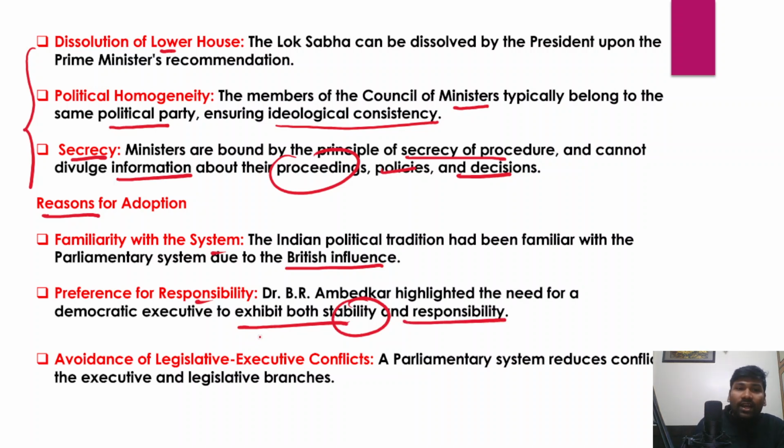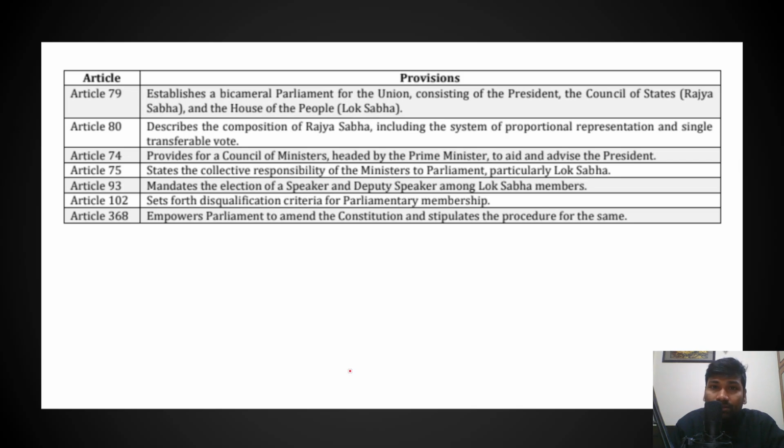In fact, avoidance of legislative and executive conflict is another major reason that has driven the parliamentary form of government. It is less likely in a parliamentary form of government to have legislative and executive conflicts between these two branches, because that could effectively stall the governance and administration.